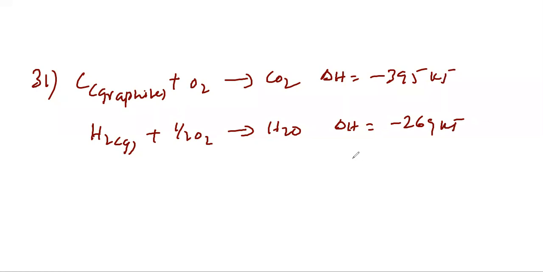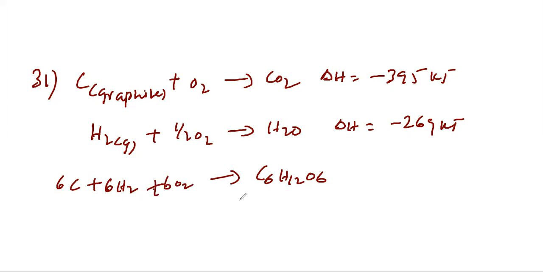And the heat of formation of glucose, the glucose formula is C6H12O6: 6 carbons, 6H2 plus 3O2 gives rise to C6H12O6.